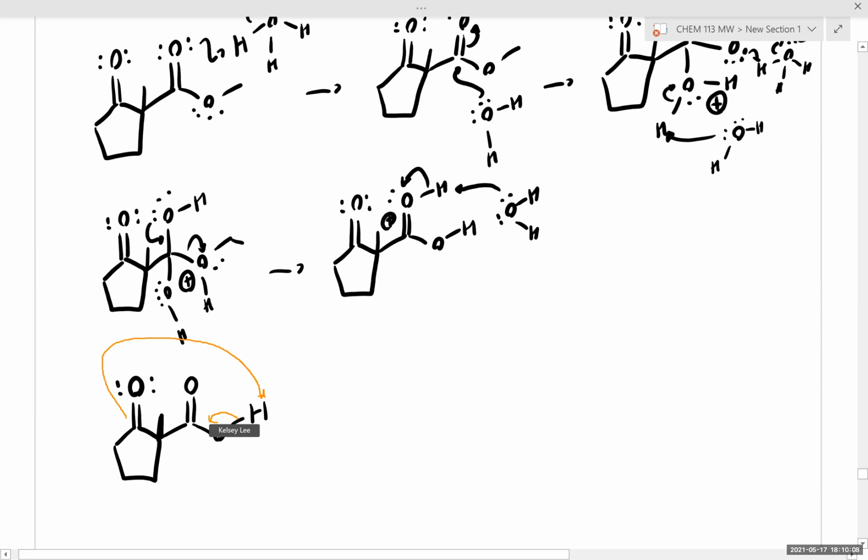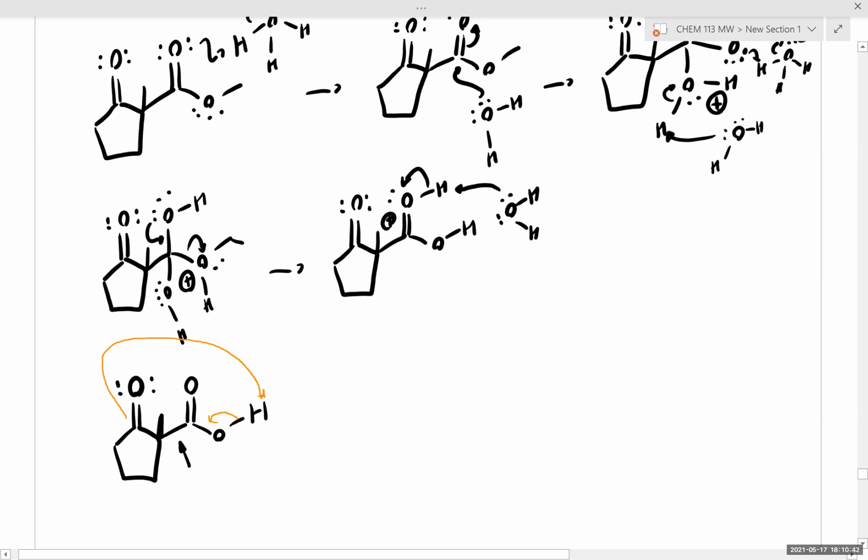So we're going to pull off a proton, form a carbon-oxygen double bond, and then lose an equivalent of carbon dioxide. The arrows look great. However, for the last arrow, when we break this carbon-carbon bond here, where do those electrons go? And this is important to consider. So when we break this carbon-carbon bond, do we have something that can accept that electron density?